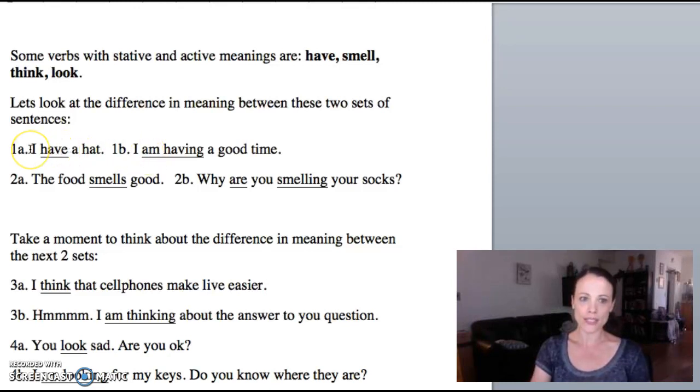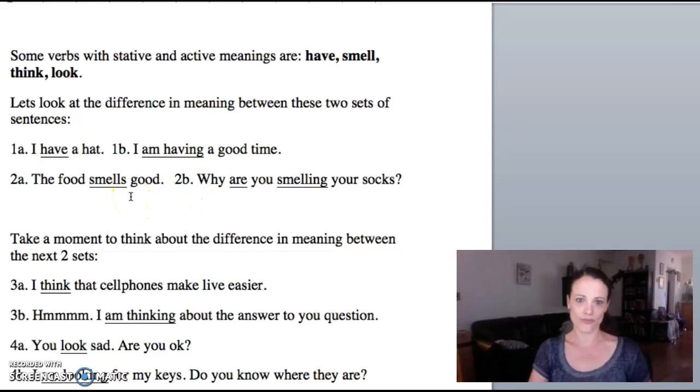So the first one, I have a hat, is ownership. So you don't have the choice to use a progressive verb here. We don't use progressive verbs with that stative meaning, to own something. And then in 1B, I am having a good time. This is not ownership. This is an example of experiencing. I am experiencing a good time. So we can use that ing form.